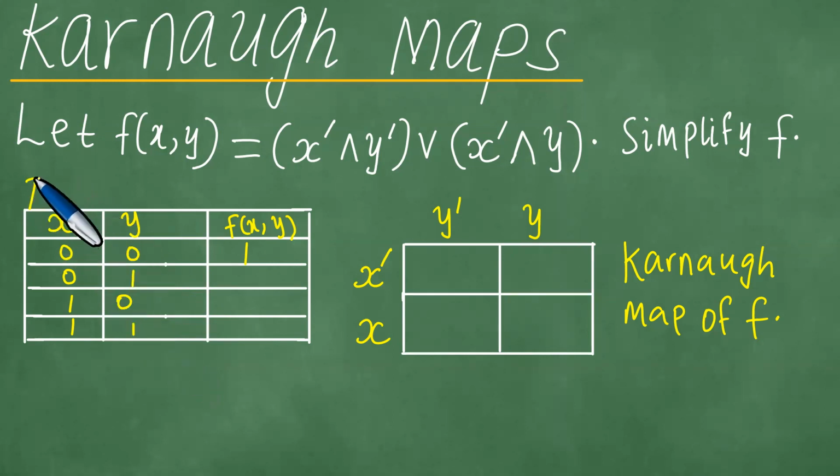So this one becomes the truth table of F. Now, a couple of things that we need to learn here. If you put here the 0, 0, here you have not 0 and not 0, it's a 1. So here you come, not 0, it's a 1, and 0, which is a 0.